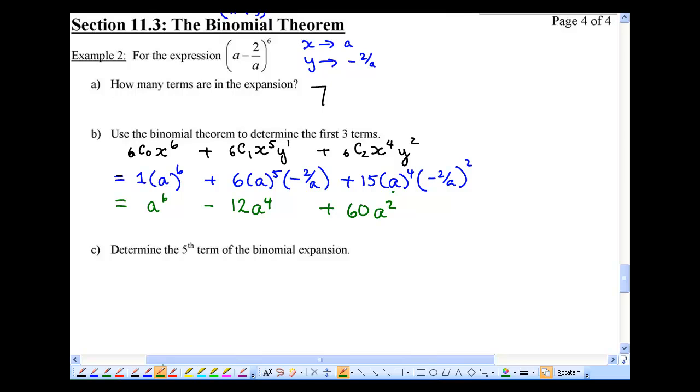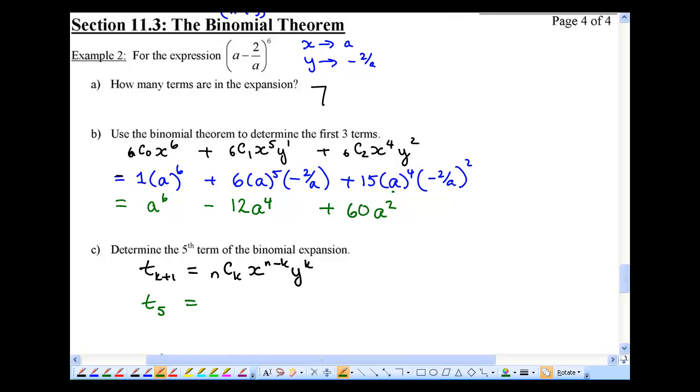Well, what if I said, just find the fifth term? Would you go ahead and list out all five? You could. Or you can use that lovely formula that we just created, the t sub k plus 1 formula. Remember that one? n choose k, x to the power of n minus k, y to the power of k. Well, remember, this is the fifth term, so I want t sub 5, which means what is k?